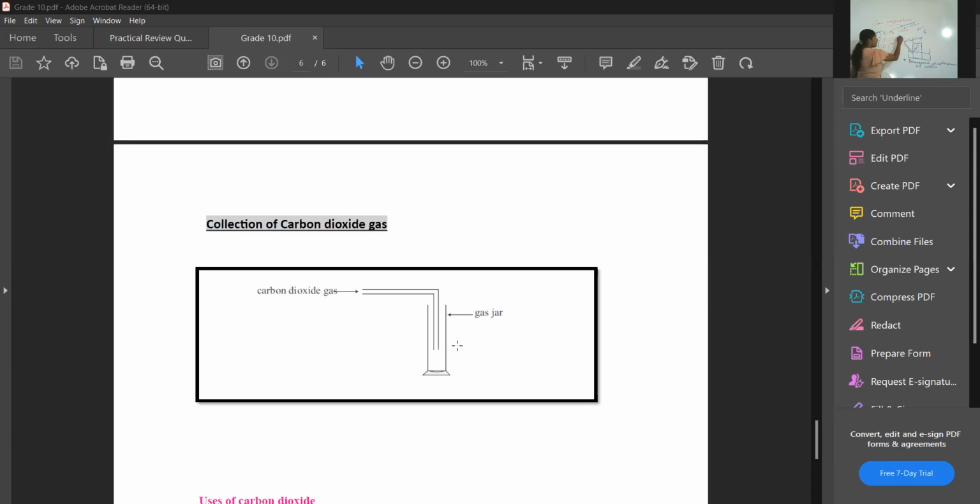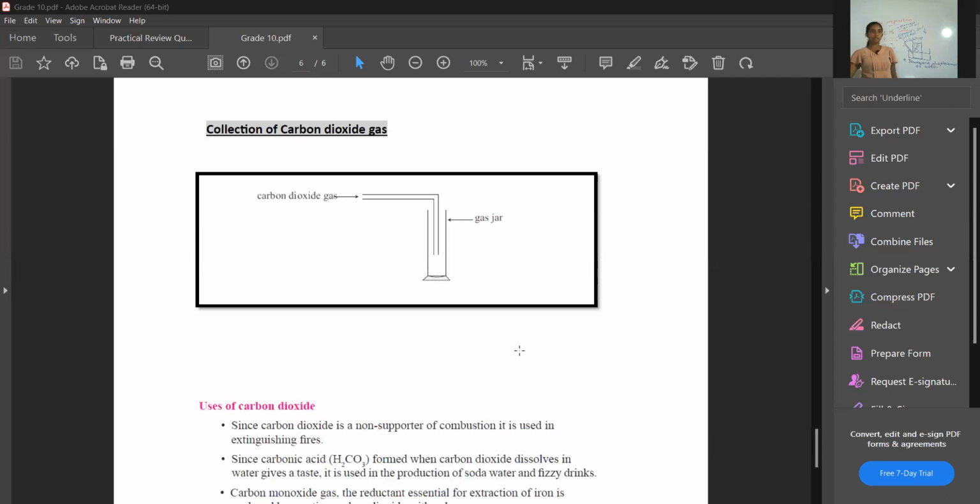For carbon dioxide, it is denser than air. So we can use what? Upward displacement of water. Sorry, upward displacement of air. So for hydrogen and carbon dioxide, there are two collecting methods.